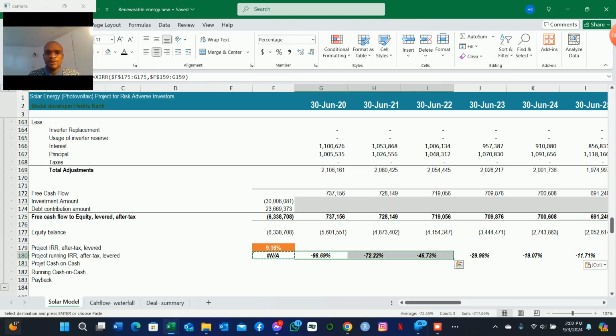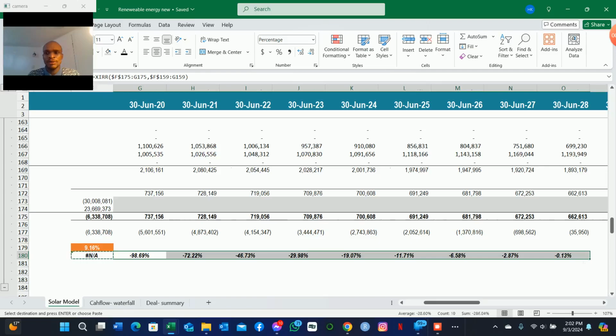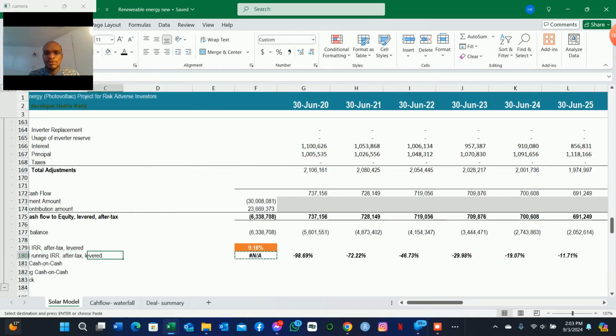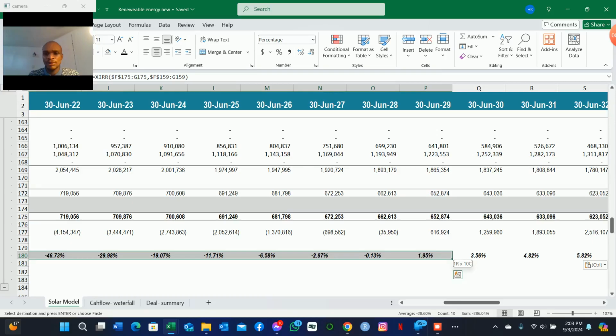As you can see, it is very negative during the first terms of the investment, for approximately 9 to 10 years.